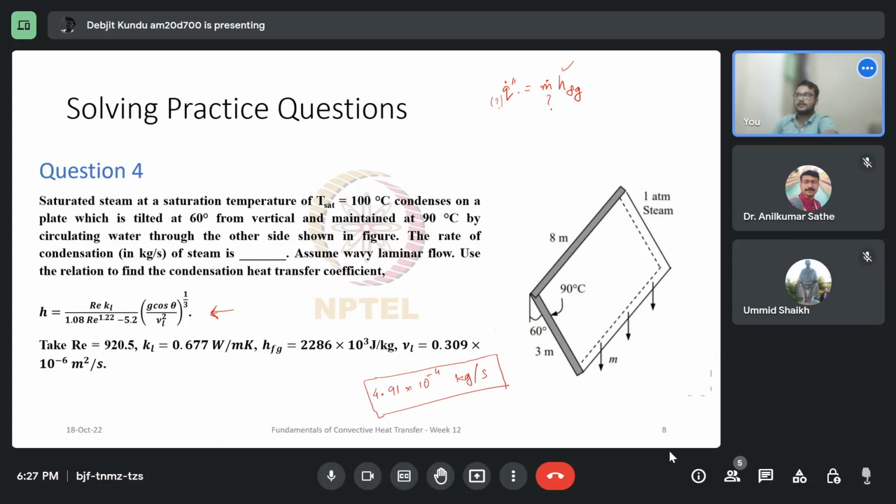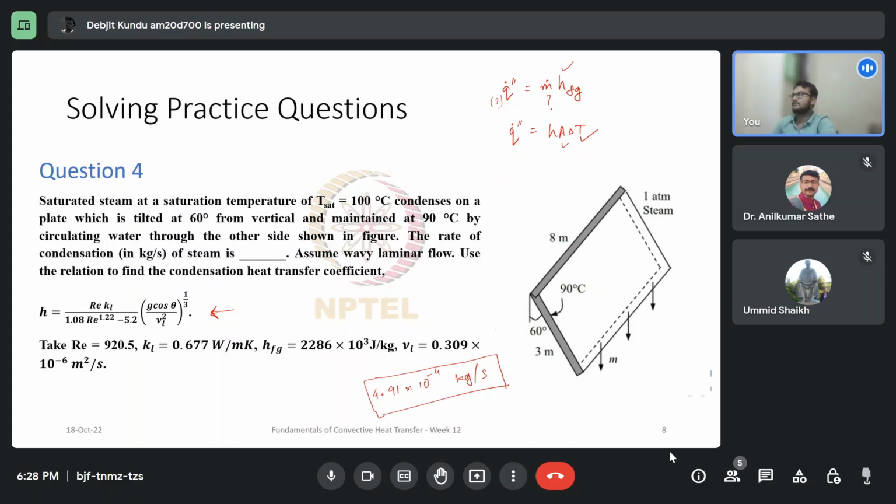So, back to the method. We need to find the heat transfer rate between the surface and the material which is condensing or boiling. For this we need H, and we will simply use Newton's law of cooling, Q equals H A delta T. Delta T we know, and area we can calculate from the dimensions.